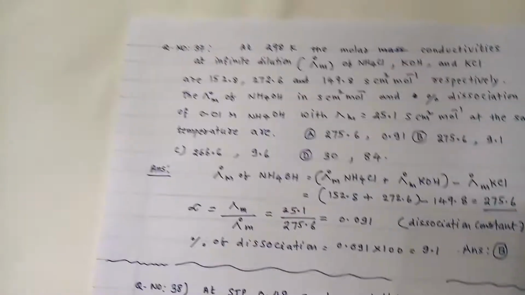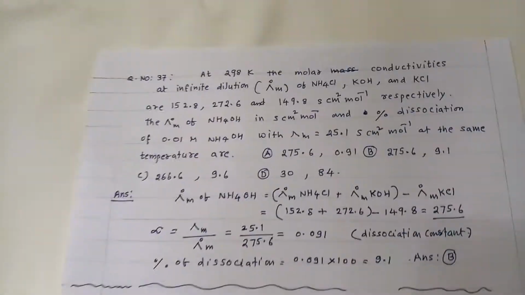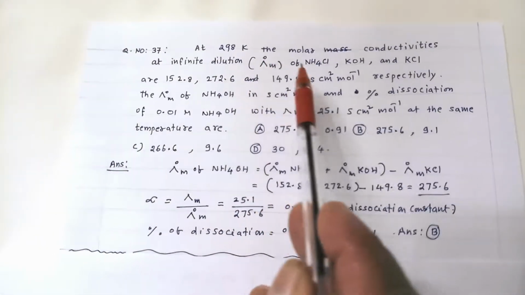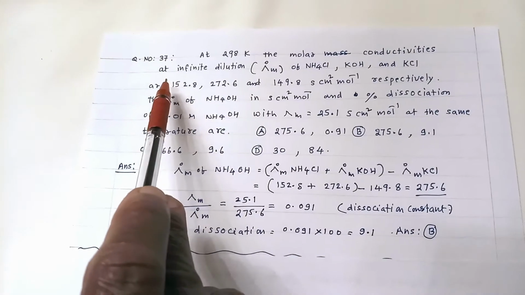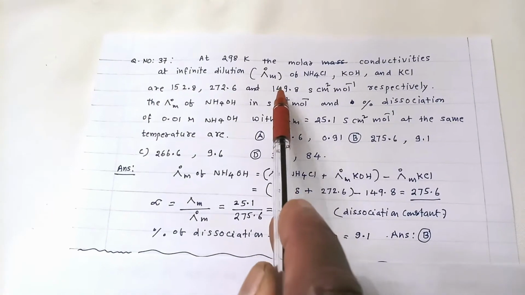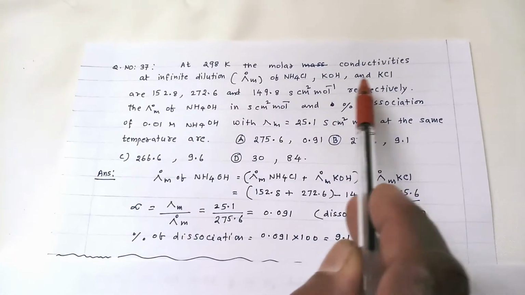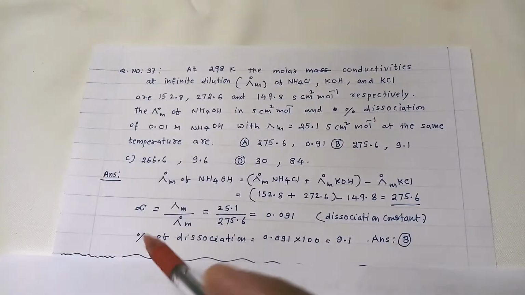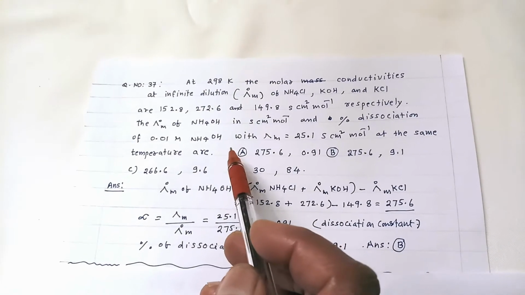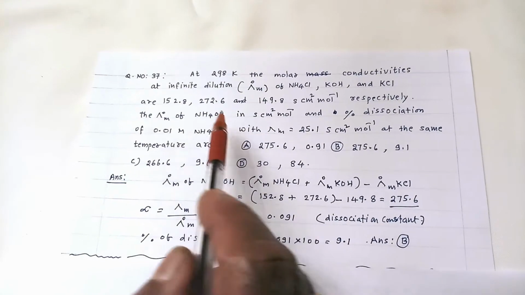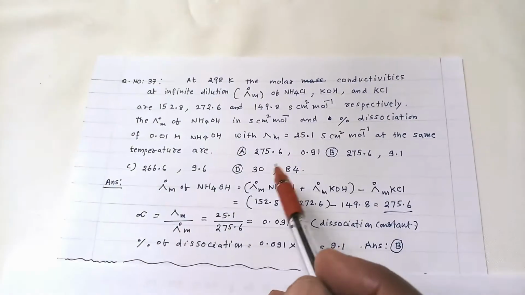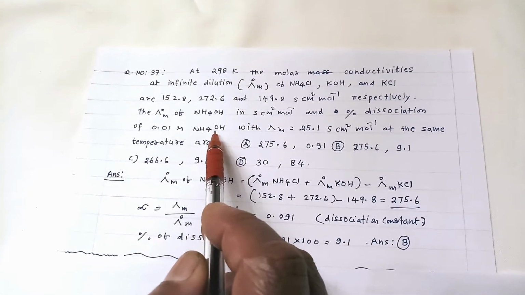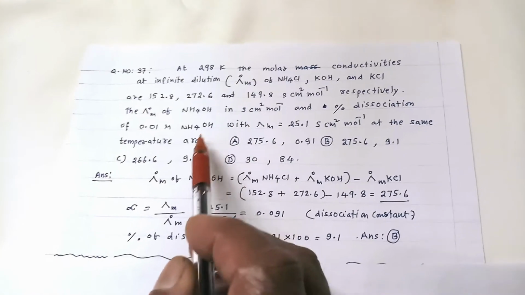So next question we'll go to question number 37. At 298 K, the molar conductivities at infinite dilution of ammonium chloride, KOH and KCl are, he has given the values, and he asked you to calculate the molar conductivity of ammonium hydroxide at infinite dilution and its alpha value.